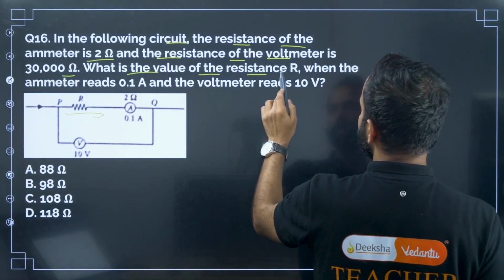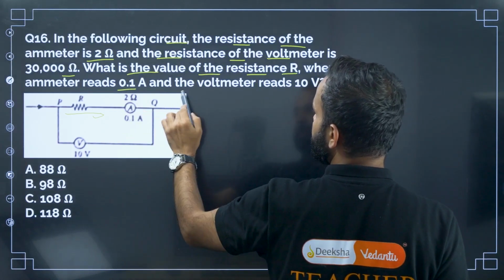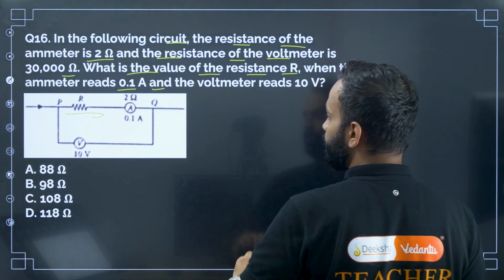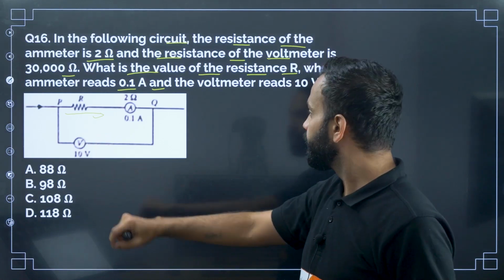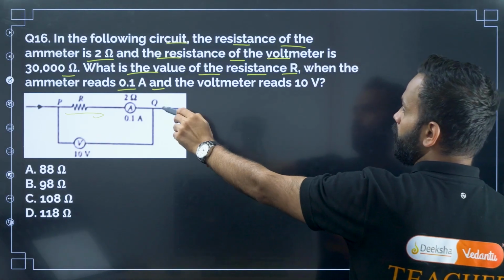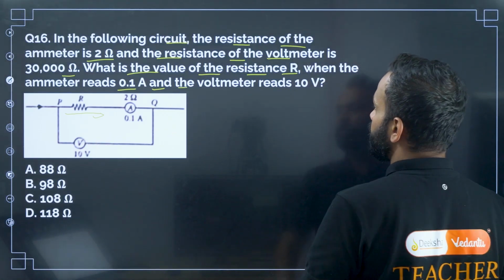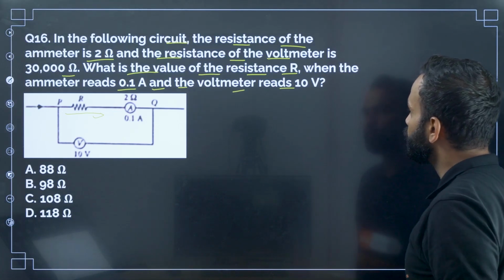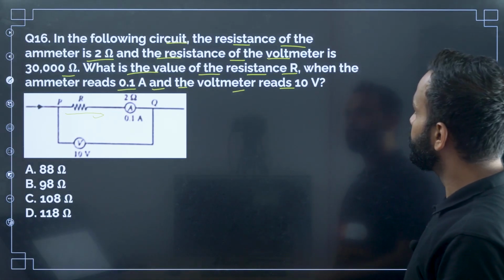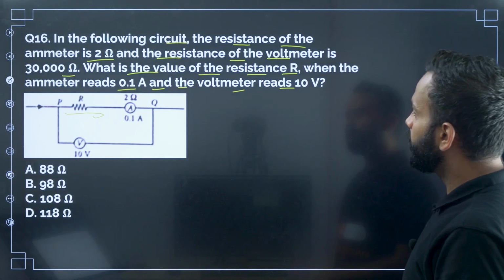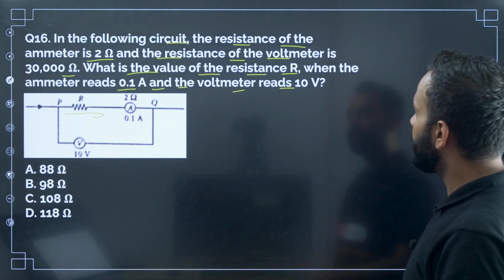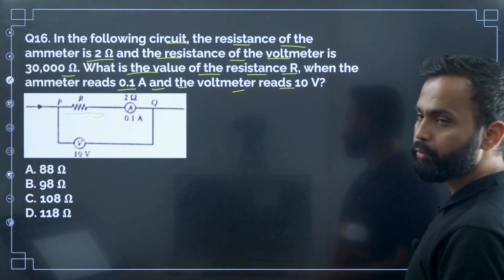What is the value of the resistance R when the ammeter reads 0.1 ampere and the voltmeter reads 10 volt? The current passing through the voltmeter is very minimal.